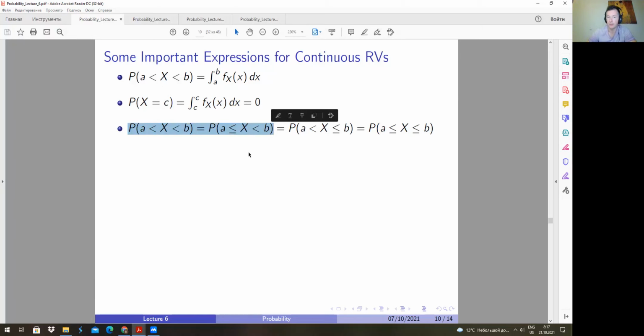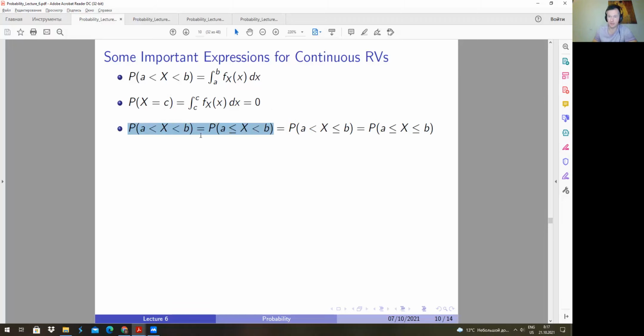This probability includes the first probability and the probability that x equals a. So here we have one additional term, the probability that x equals a. But the probability that x equals a is 0. So that's why these two are equal.